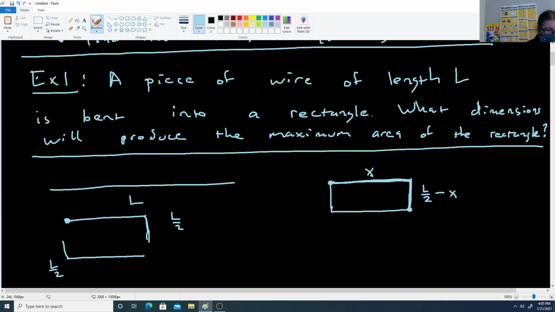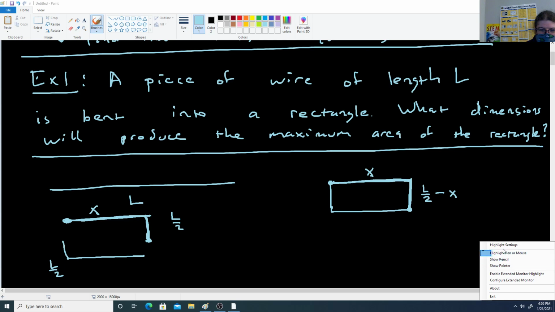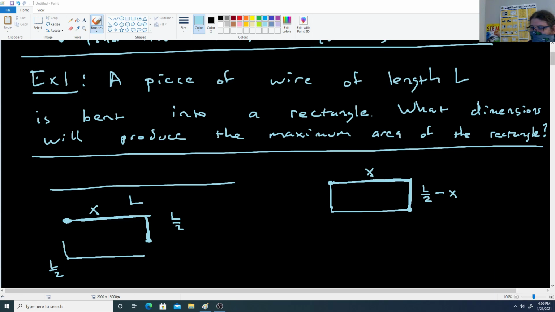Basically, if we go from here to here, and that's x, then this distance from here down to here would be the total distance L over 2 minus the x distance. So that'd be L over 2 minus x.